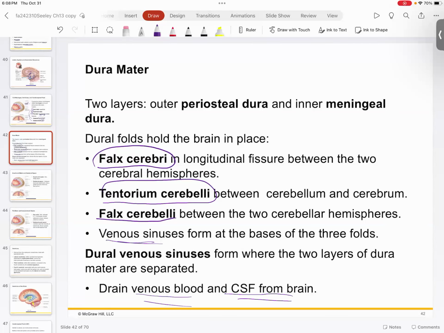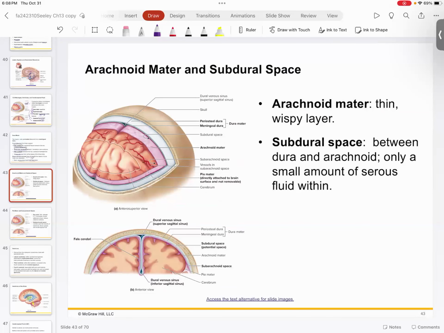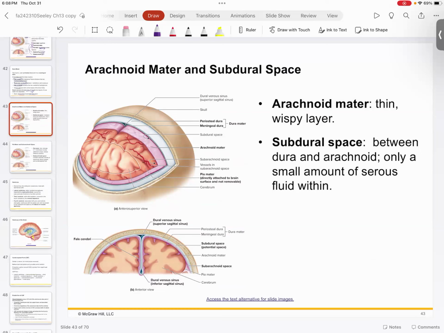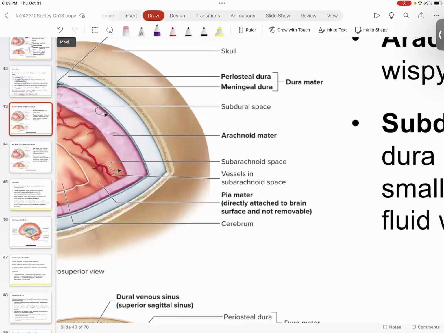So this is kind of like a vascular structure that helps to drain blood and CSF from the brain itself. Remember, you have CSF circulating in this area, and you want to make sure you can drain it and not just have pressure build up there.